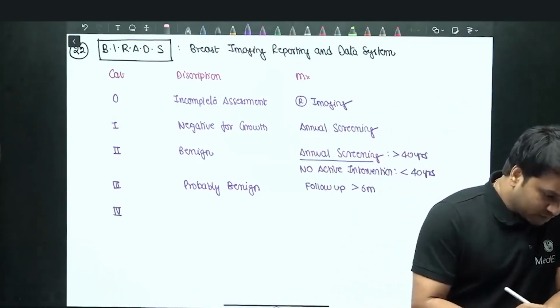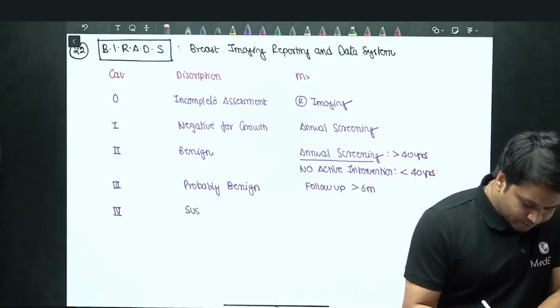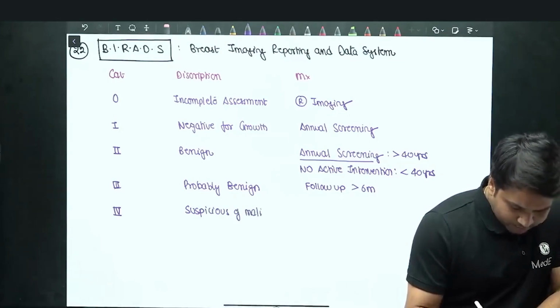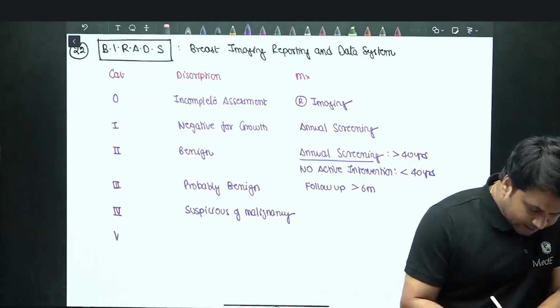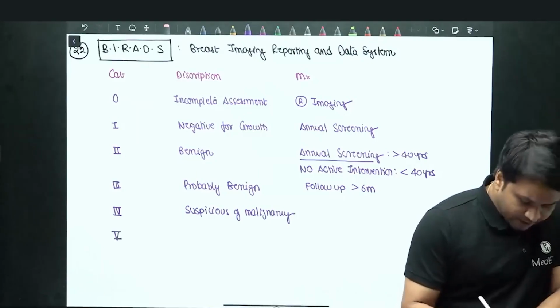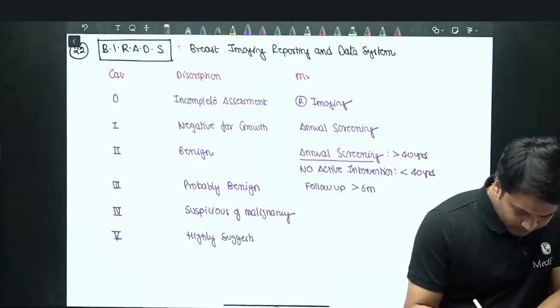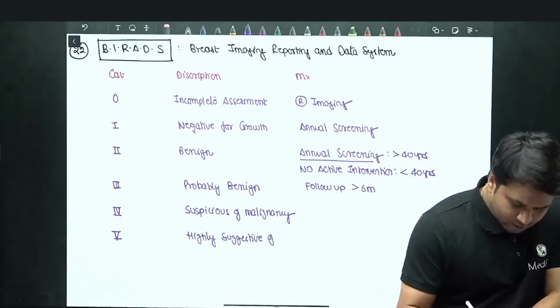Category 4, it is suspicious of malignancy. Category 5, it is highly suggestive of malignancy.